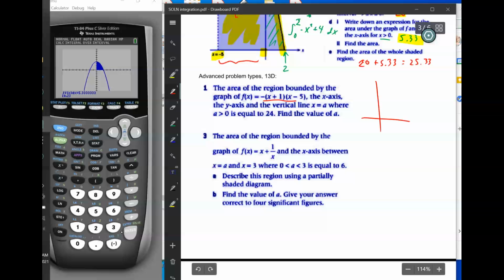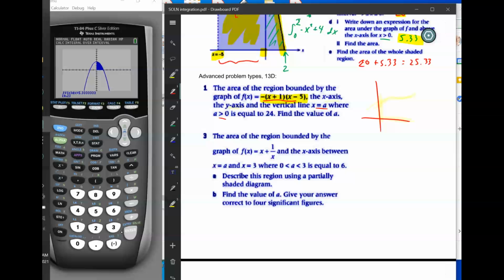Remember that whenever they give you a curve, the curve is defining the top edge of the region. Then the bottom edge is always going to be the x-axis, and the rest defines the left and right edges. So the y-axis is the left edge, and then it says the vertical line x equals a, where a is greater than 0.